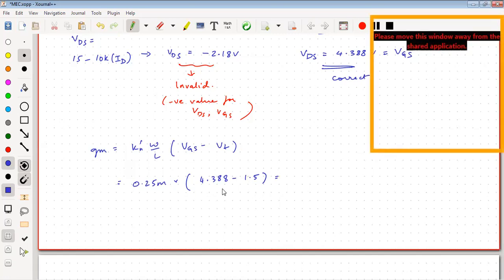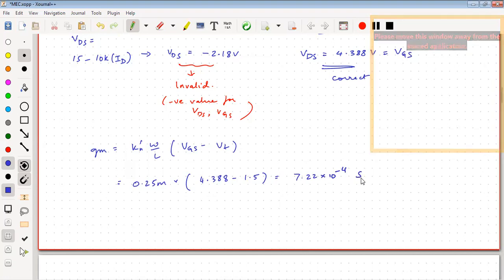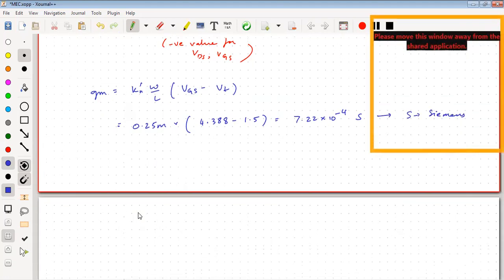So this will turn out to be 7.22 into 10 power minus 4 Siemens. Okay, so gm I have found out. Now I can straight away find out the gain.